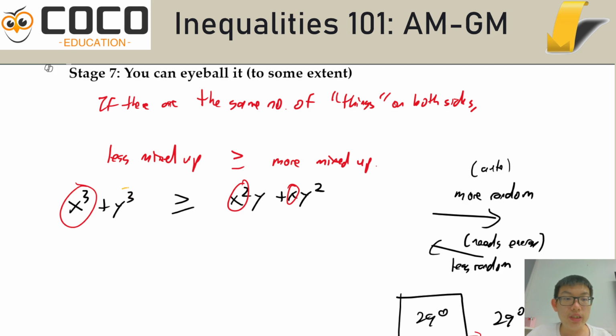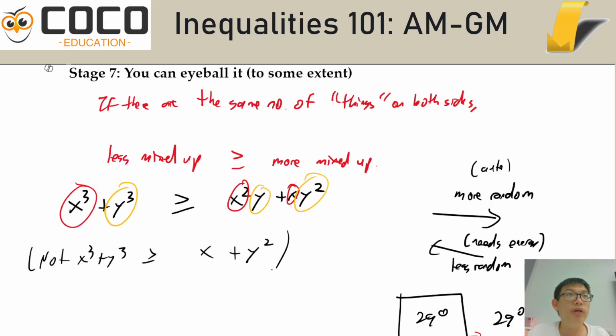There are still 3 y's. Obviously, I would not be comparing x cubed plus y cubed to, let's say, if I've just got x plus y squared. I mean, I can't compare which is more mixed up. Those are 2 different things. Comparison is referring to cases where they have the same amount of things. I'll be more rigorous about this in a future video, but use this to guide you.